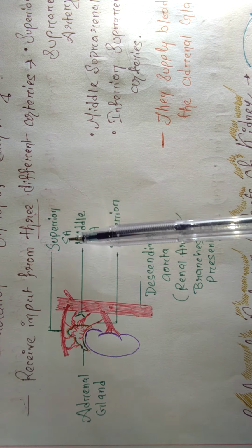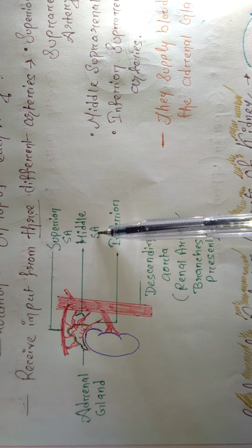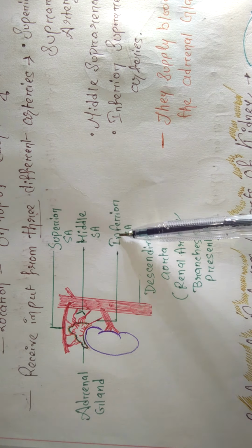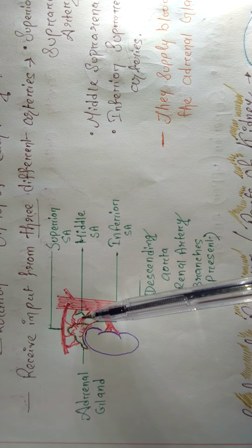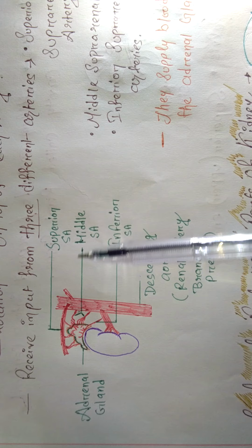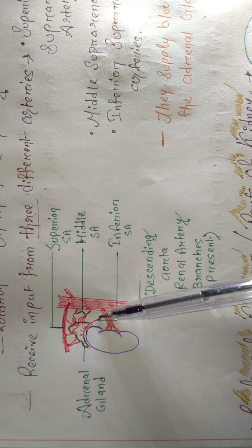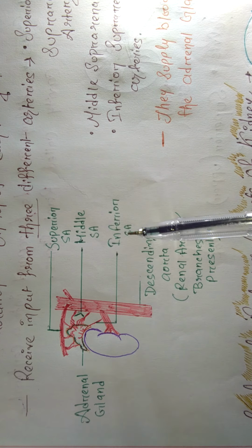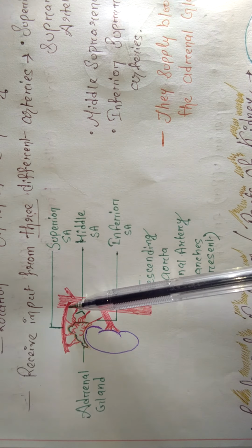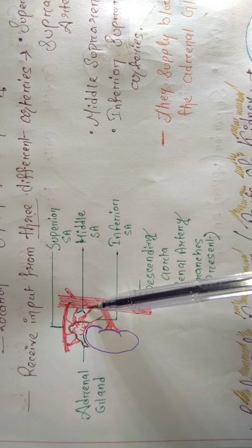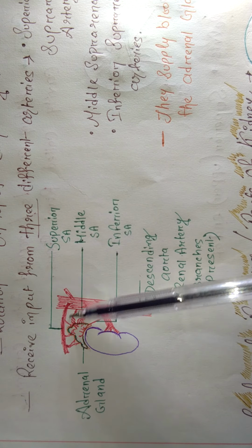The superior suprarenal artery, middle suprarenal artery, and inferior suprarenal artery supply oxygenated blood to the adrenal gland. This is the superior suprarenal artery, these two are the middle suprarenal artery, and this part is the inferior suprarenal artery. They supply blood to the adrenal gland.